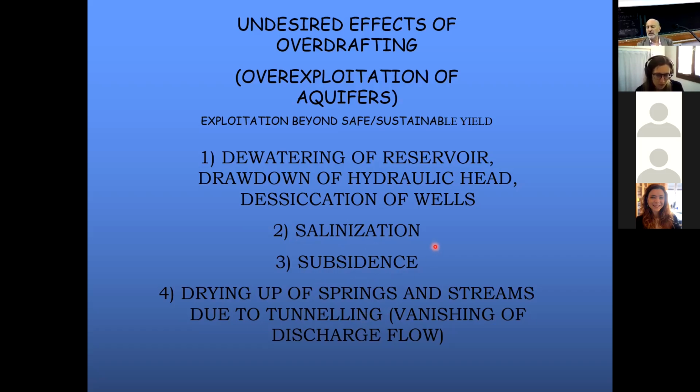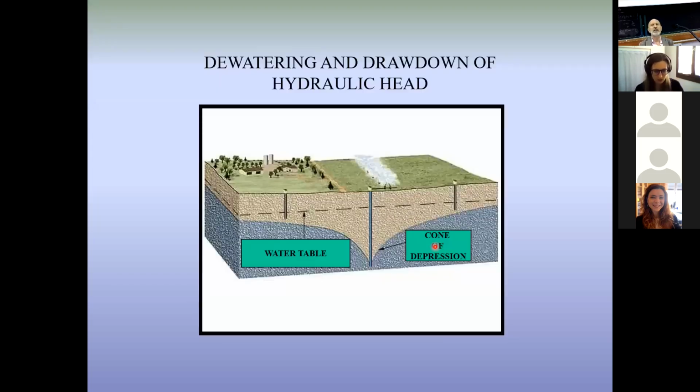Let's consider these examples. Dewatering. It's easy to describe dewatering. Imagine that you are located in a region, you have groundwater below the ground. This dashed line identifies the water table. You have shallow wells exploiting the groundwater, but at a certain point, you drill a deeper well because you need more groundwater, for example for intensive irrigation.